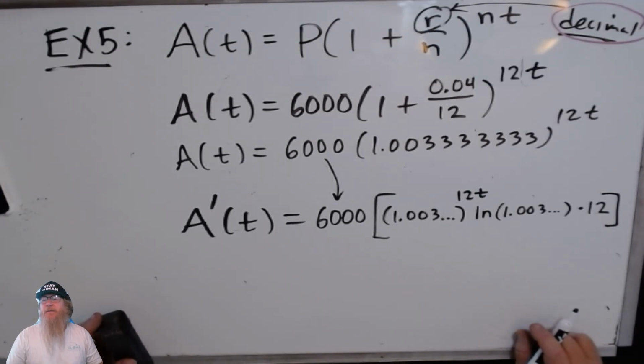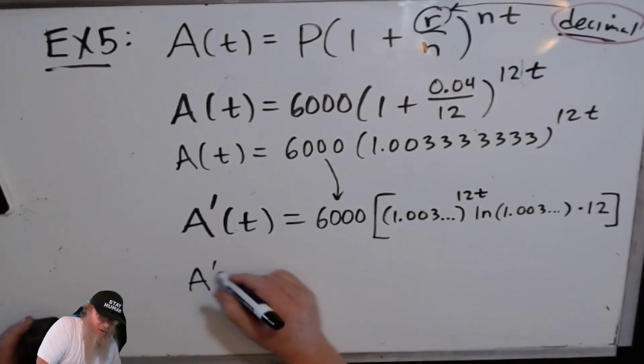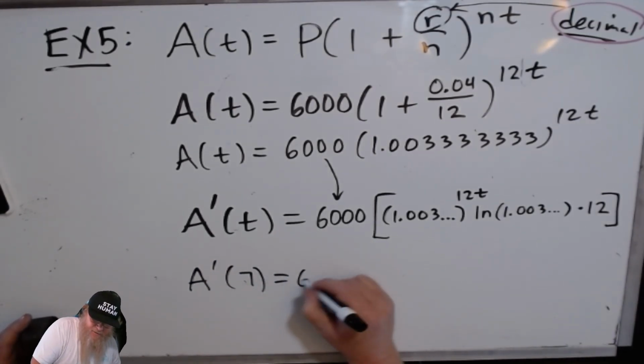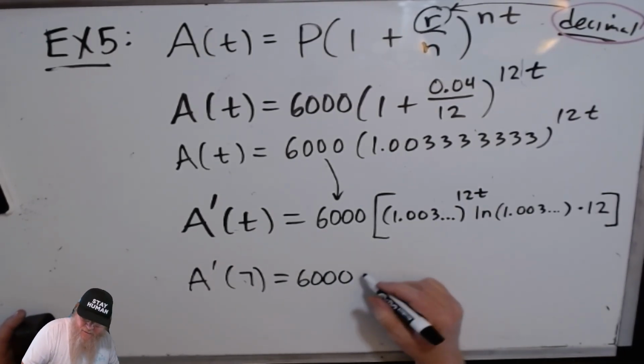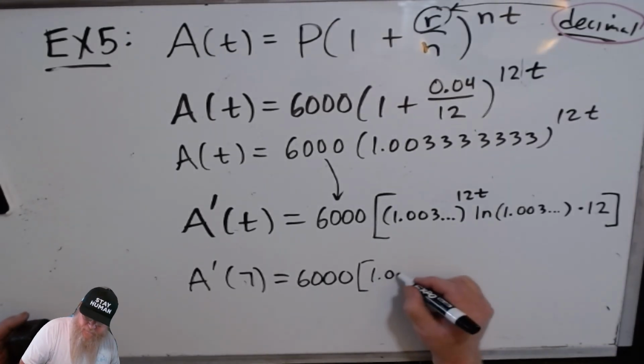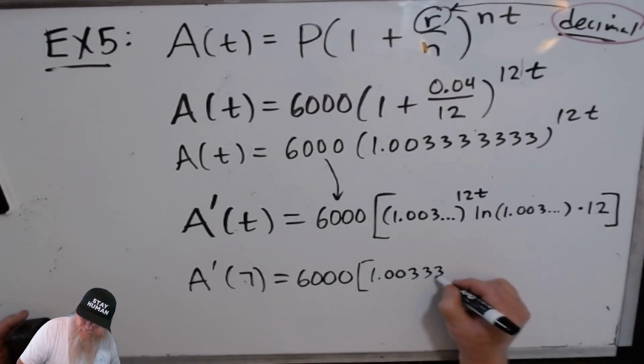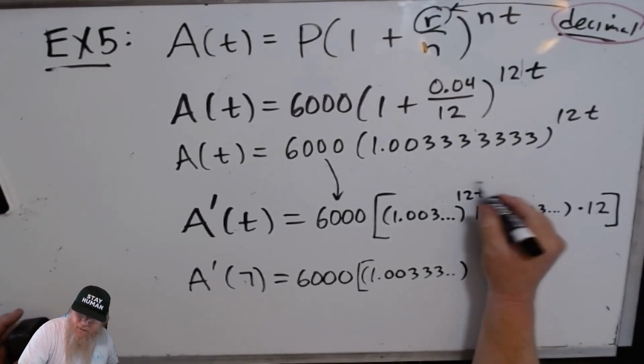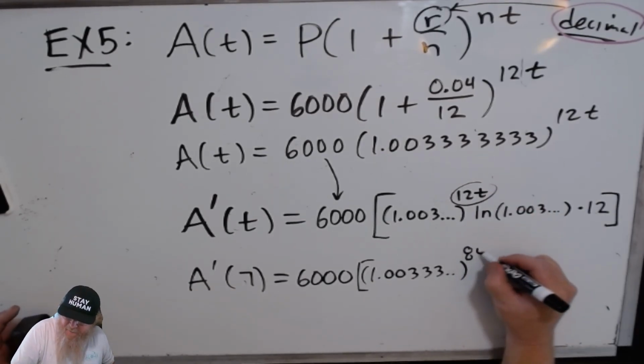All right. And now plug in your 7 years. 7 years would be 84.